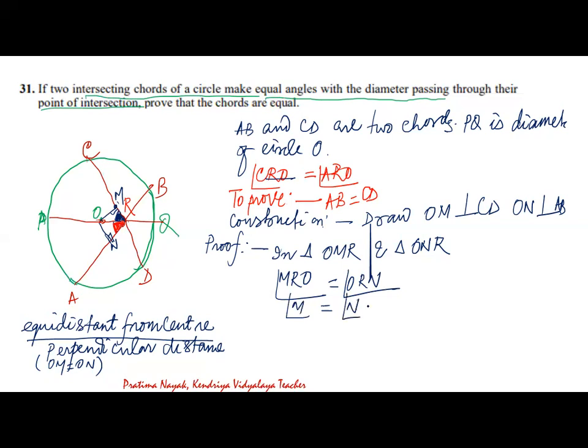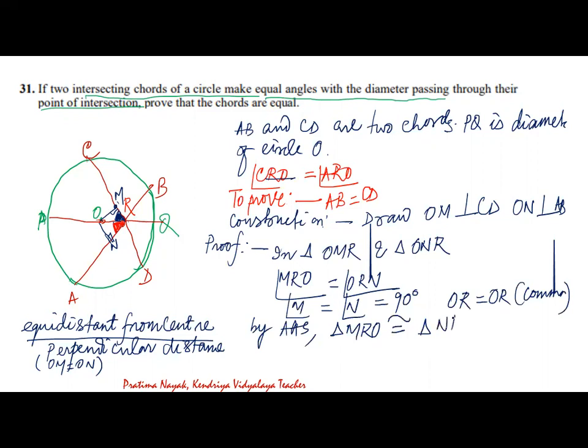It is 90 degrees. And we can observe that OR is a common side. So I am getting by AAS, triangle MRO is congruent to triangle NRO.